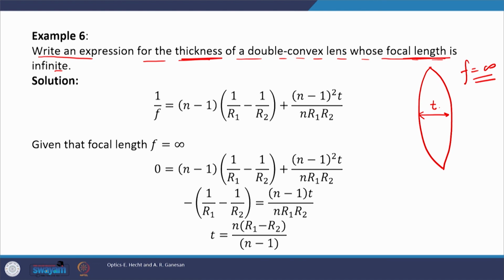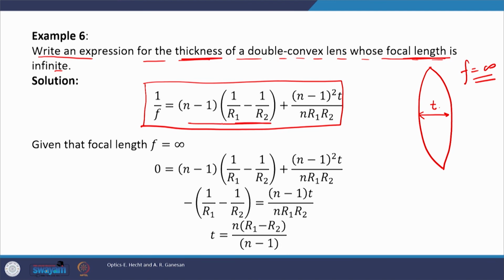The question is being asked for a thick lens. Therefore, we will apply the formula for the focal length of a thick lens. This is the usual formula, and there is an additive term due to the finite thickness. For a thicker lens, we add this term.